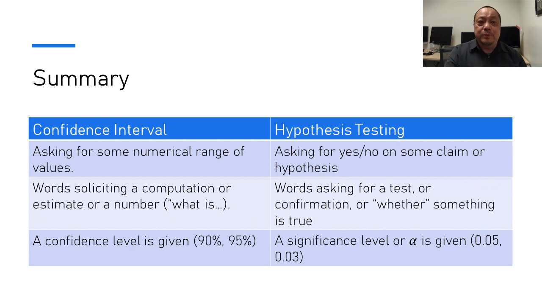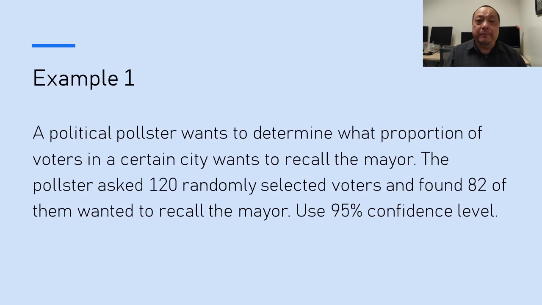Let's now look at some examples. Example 1. A political pollster wants to determine what proportion of voters in a certain city want to recall the mayor. The pollster asked 120 randomly selected voters and found 82 of them wanted to recall the mayor. Use 95% confidence level.